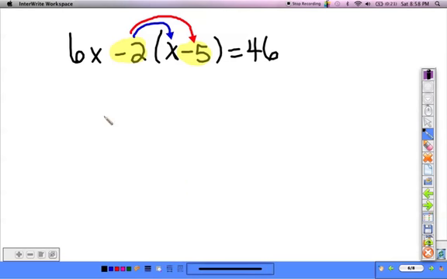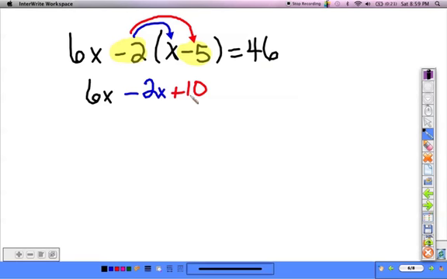Ready? I'm not going to do anything with that 6x yet, but I am going to multiply negative 2 times x, and negative 2 times a positive x gives me a negative 2x. And then a negative 2 times a negative 5, negative times a negative, signs are the same, gives me a positive 10.